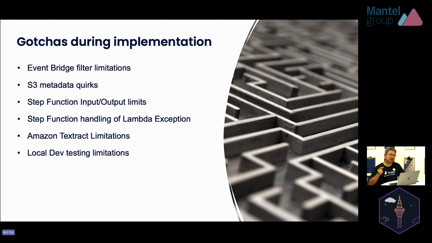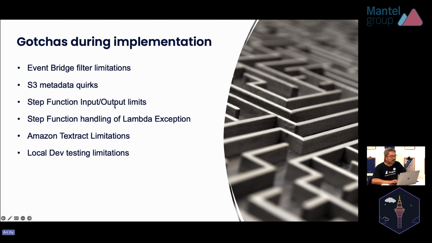We found out that if you use Pascal case or camel case in the attributes that you add, S3 actually converts them all to lowercase. So we were having problems: why don't we get all these attributes when we read the S3 metadata? Because they were already converted to lowercase. Those are some things that we just found out by implementing.